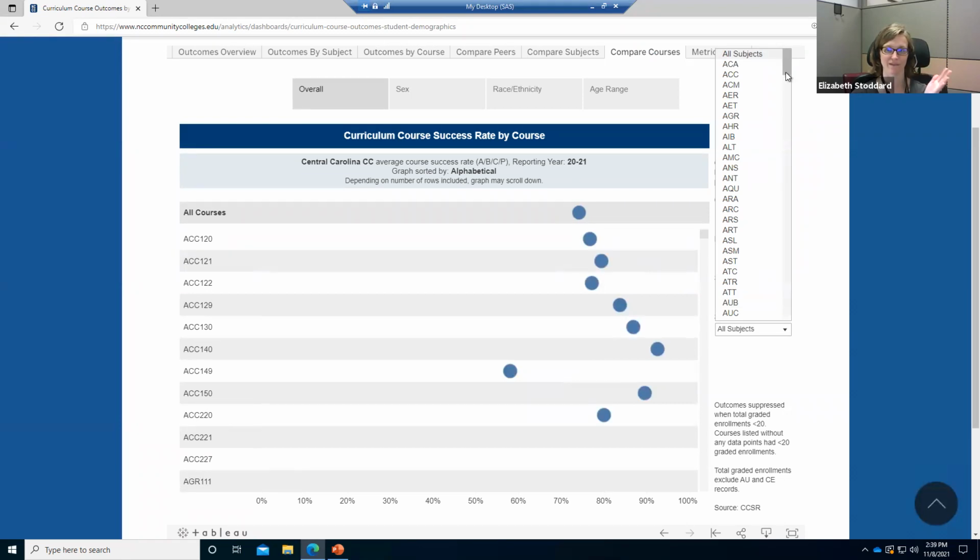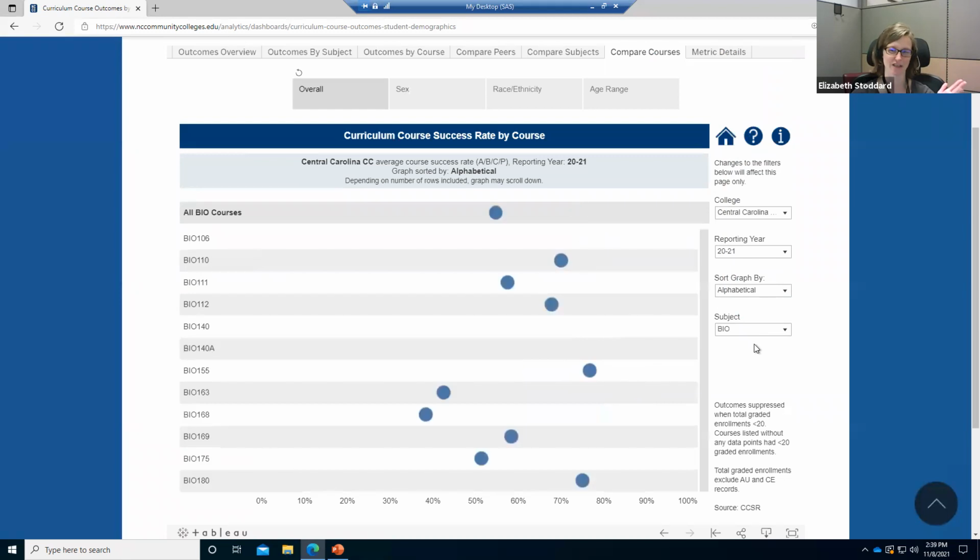So if I only want to look at, I keep doing biology because I know most colleges have a number of biology courses, so I keep picking on that. But I just selected bio from my subjects filter, and so now that narrows down the list. So now I'm only seeing the success rates for biology.